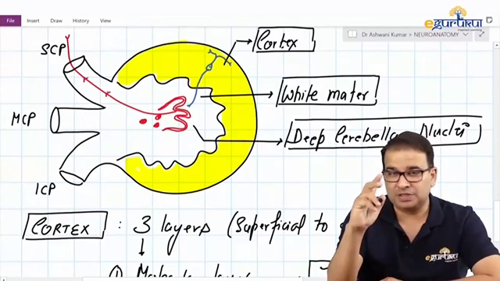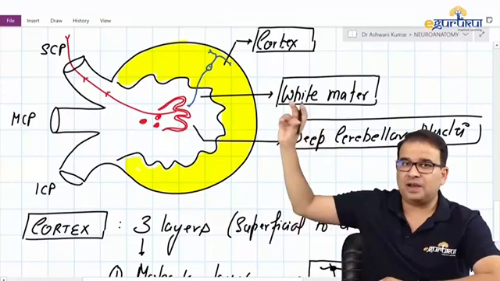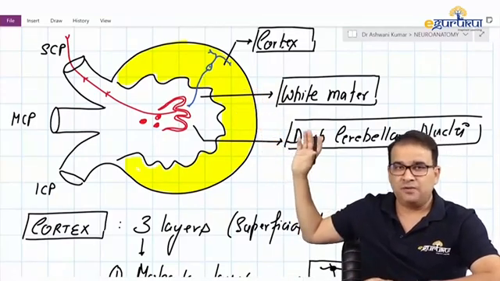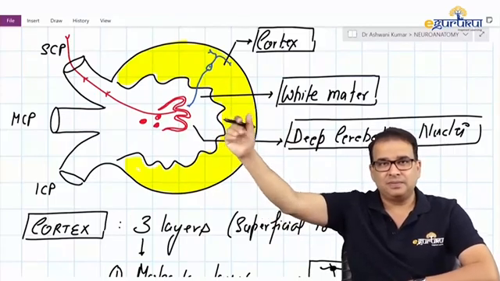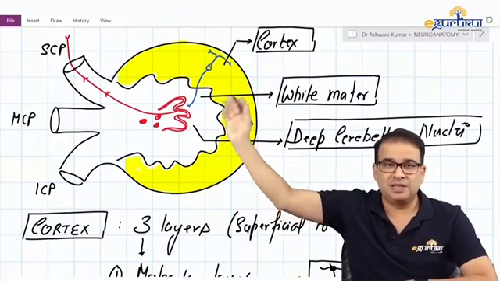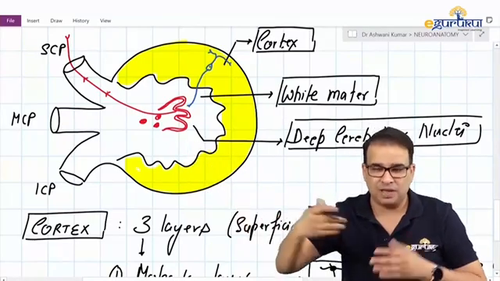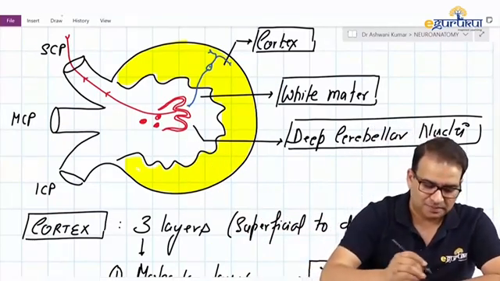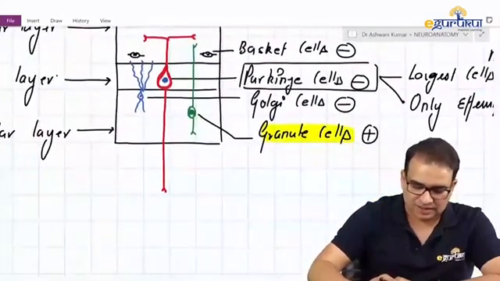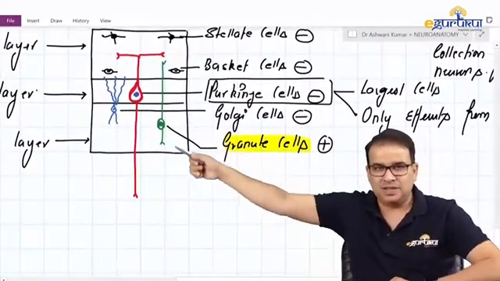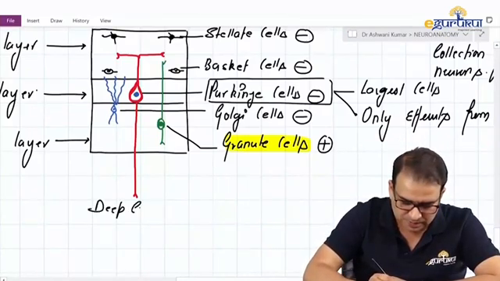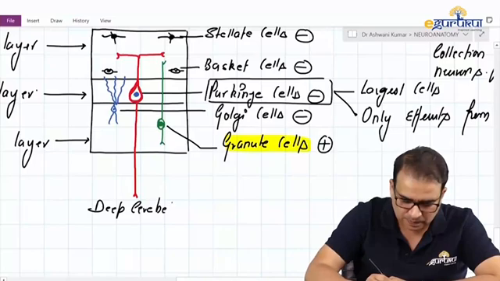So these are two different questions. If the question says efferent coming out of the cortex, yes, answer is Purkinje cell. But if the question says efferent going out of the cerebellum itself, then your answer will be deep cerebellar nuclei. Purkinje cell is not going out; it's the deep cerebellar nuclei which forms the efferent, and that goes out of the cerebellum. So you can add this in this part here, that when you see these Purkinje cells coming out into the white matter, this is going to the deep cerebellar nuclei.